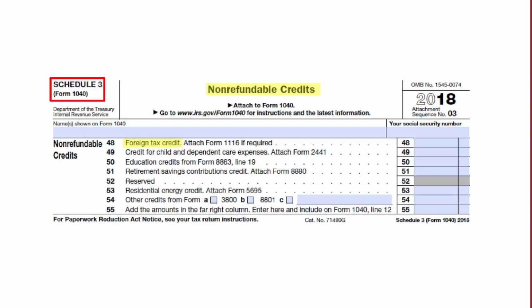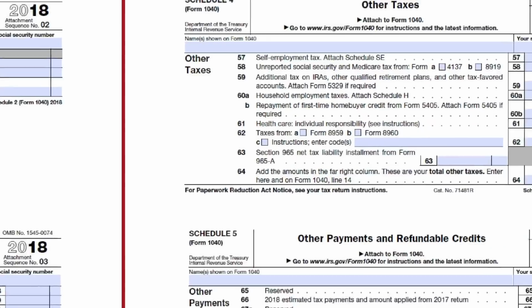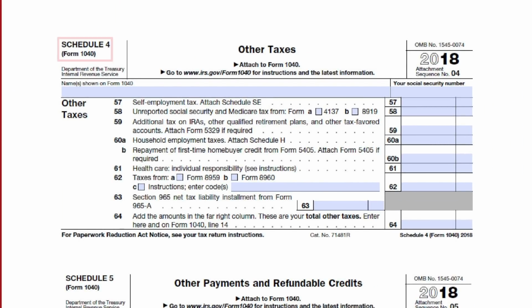Turn to page 9. And on the top, we've got, put a box around Schedule 4 to Form 1040. And this schedule is about other taxes. And one of the other taxes we're going to spend a lot of time on is self-employment tax, which is computed on Schedule SE.